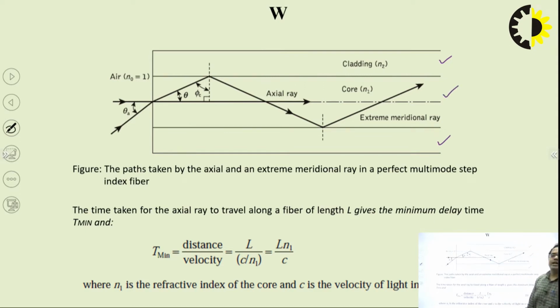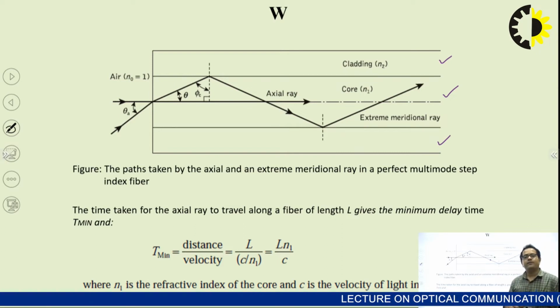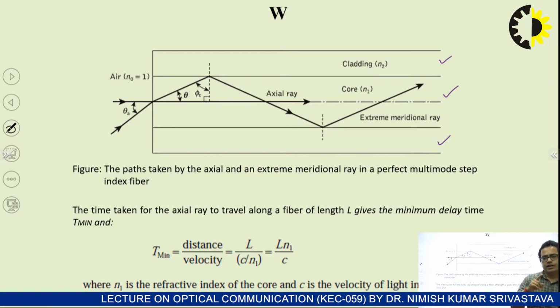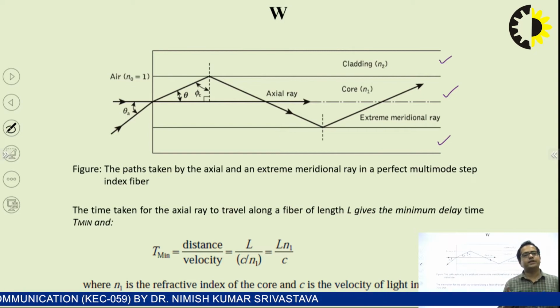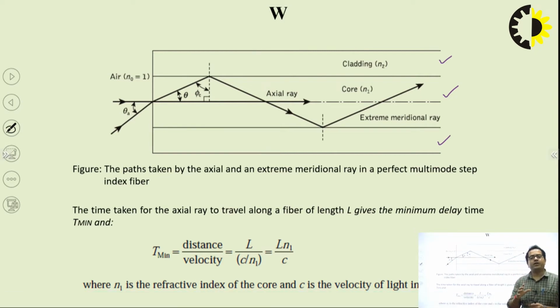In this, we are considering two rays. The first ray is directly passing through the central axis of the fiber, and the other ray, the meridional ray, is hitting at the core interface. Besides these, there is also another ray possibility, which is called a skew ray.